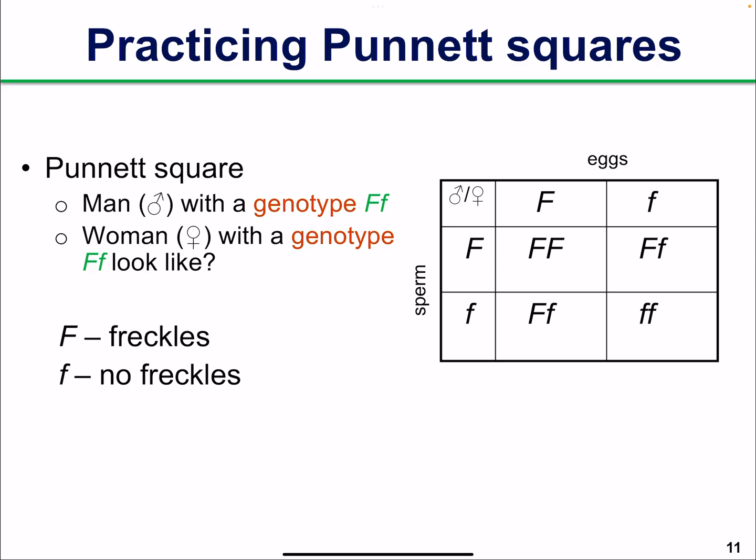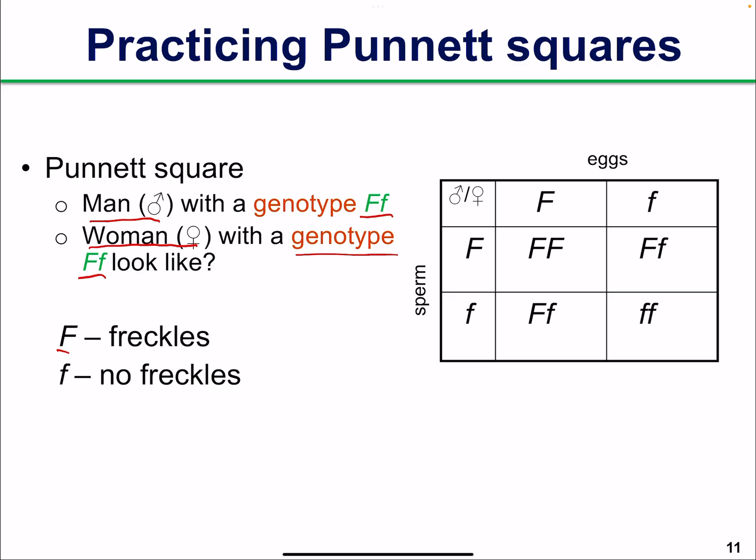So we are crossing a man with a genotype that is heterozygous, capital F, lowercase f, with a female who has a genotype that is also heterozygous, right?